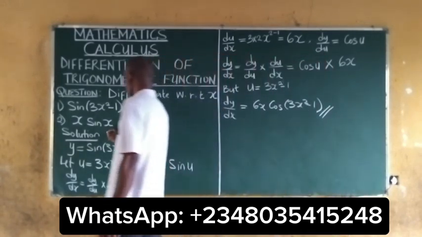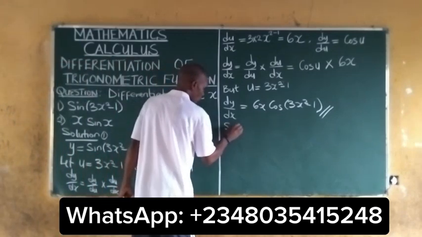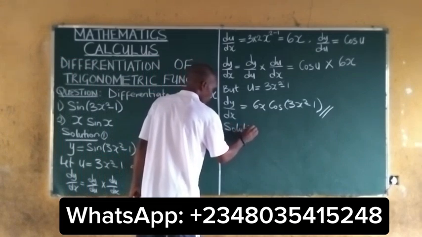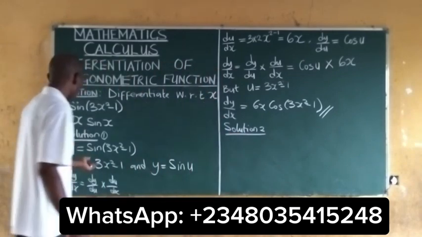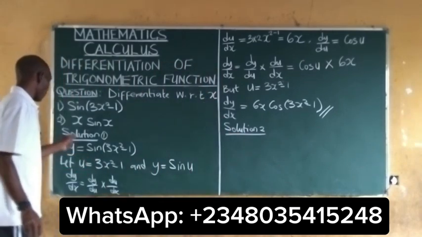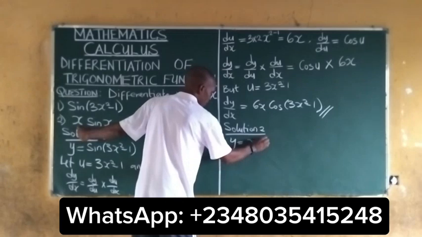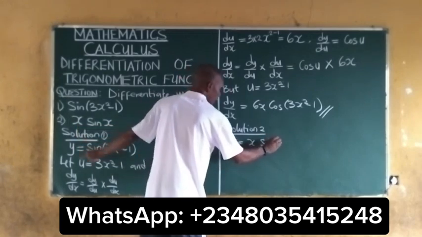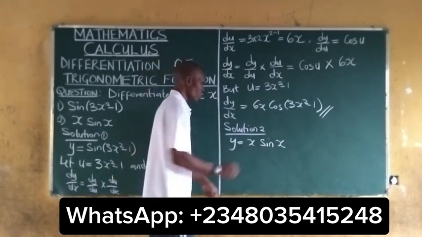So this is our question 1, solution 1. We come over to solution 2. We have a question here, which is y equal to x sine x. If you watch out, we'll see that there are two functions here.